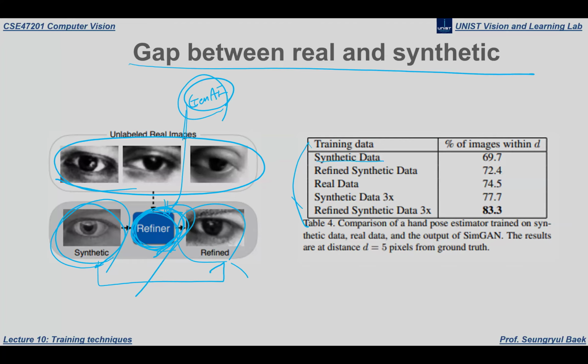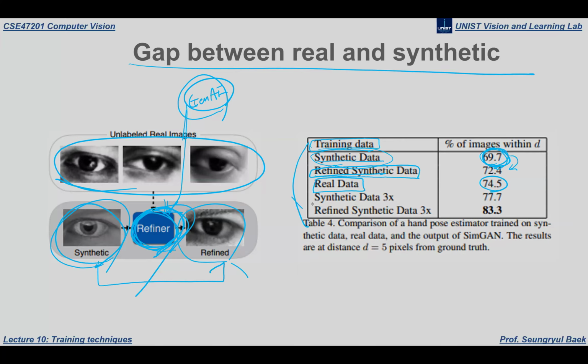And this is an interesting result. If their training data is composed of pure synthetic data, their accuracy is limited. But if they use refined synthetic data, their accuracy is slightly improved. If they train their network using real data, then compared to the synthetic trained model, their performance is very good.